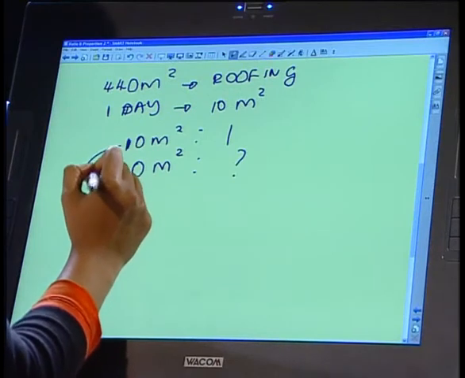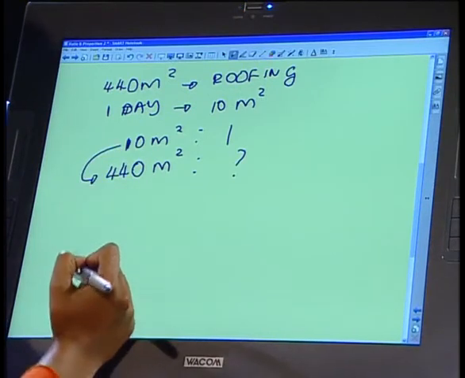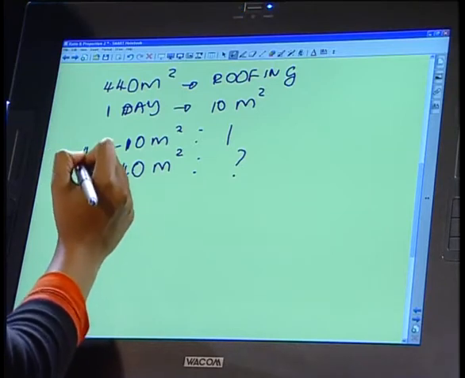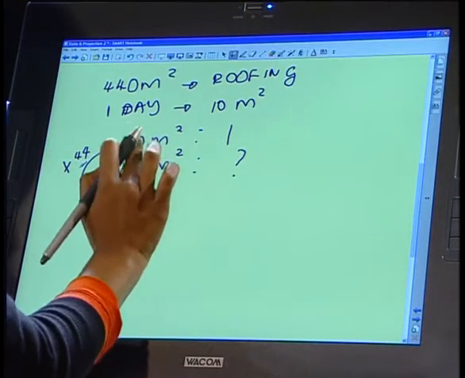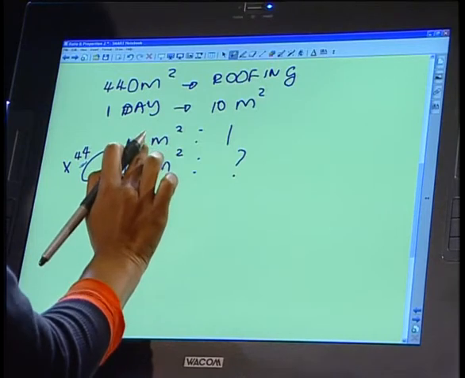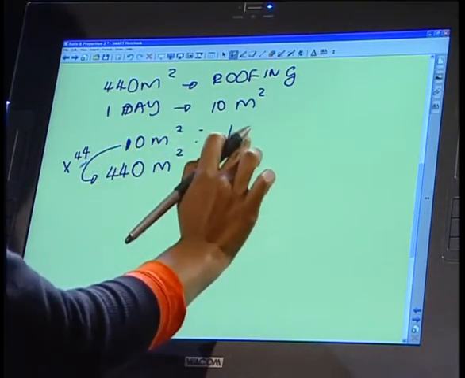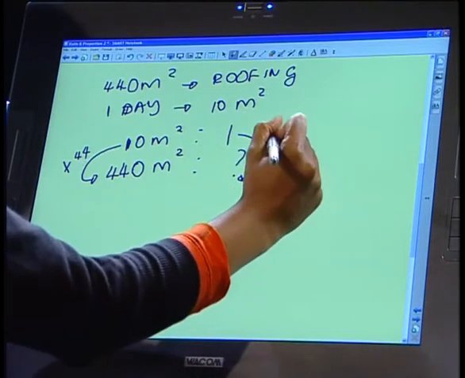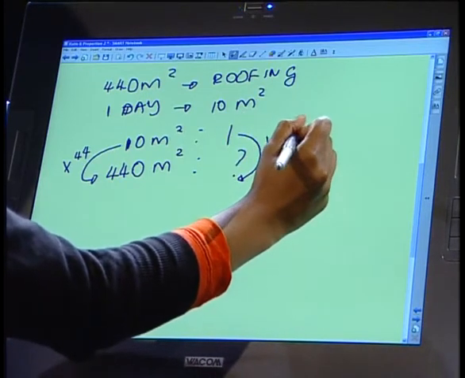So to get from 10 to 440, we have to times by 44. And because our roofing is directly proportional to the number of days, I would have to multiply my days by 44 as well.